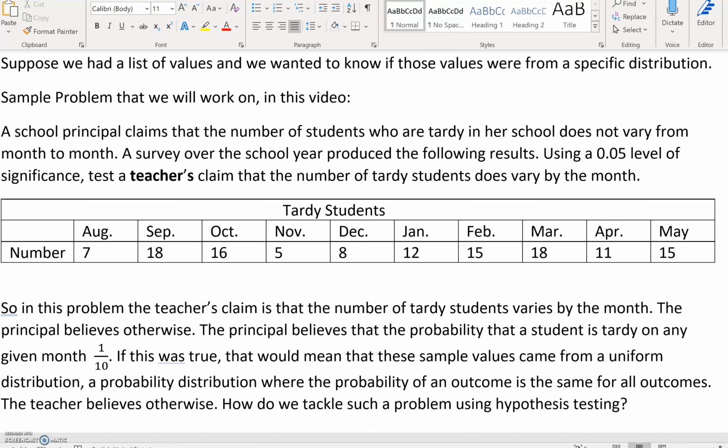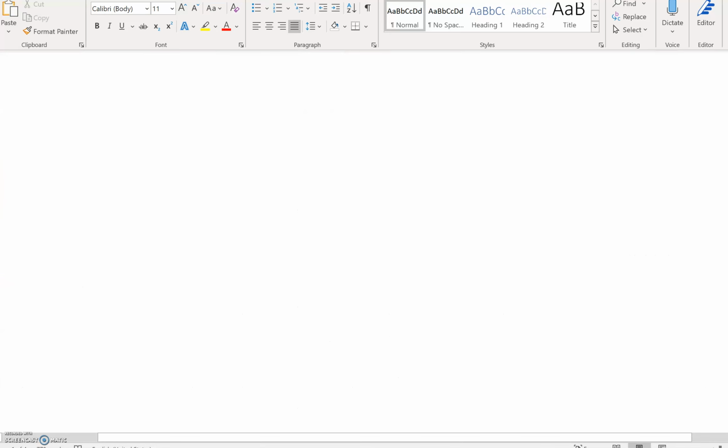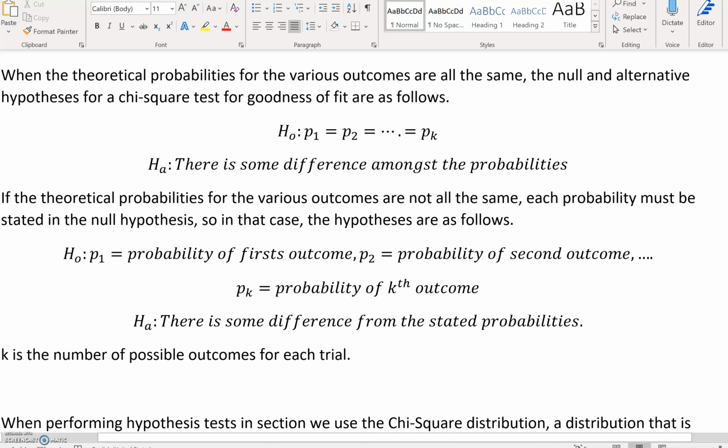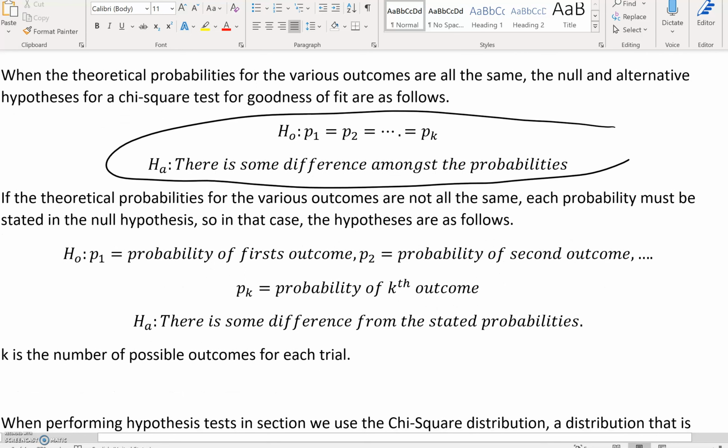So the probability that a student is tardy on any given month is 1 out of 10. It doesn't matter which month. The teacher's claim is that the number of tardy students does in fact vary by the month. So we are landing here in this first category.